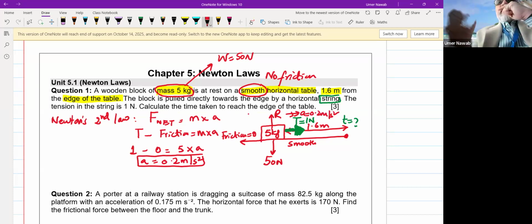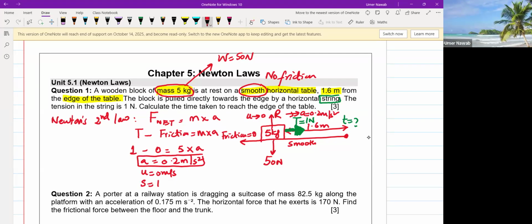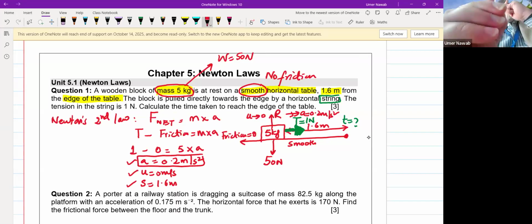The block was in the rest position, so u equals 0 meters per second, right? Acceleration found, u found, and the distance of the block from the edge is already given. It is 1.6 meters. So three things are known to me. What I actually want to find is the time it will take to reach the edge of the table.